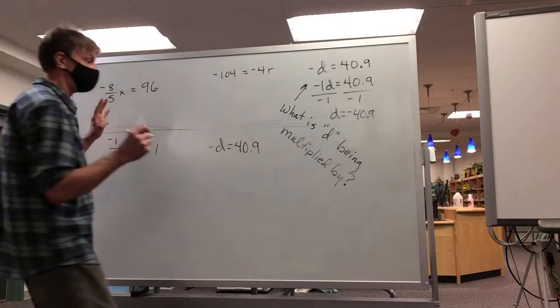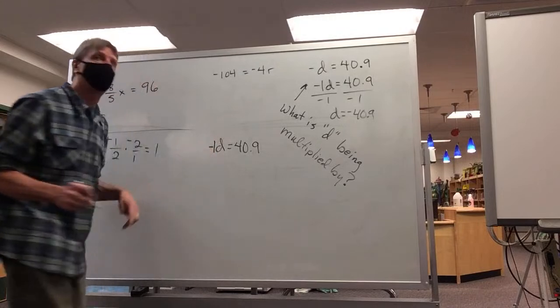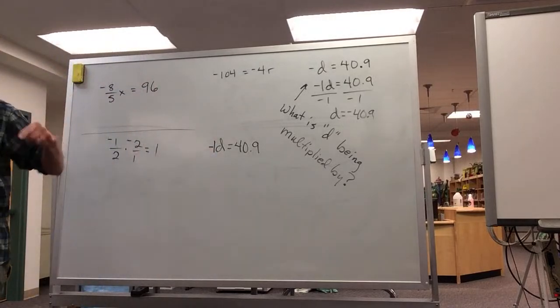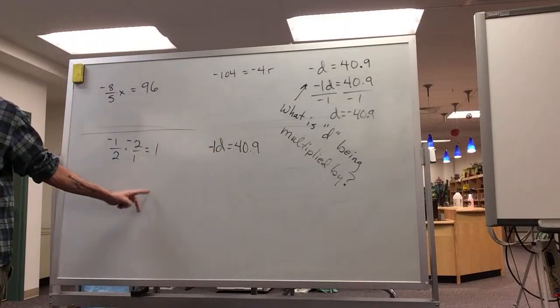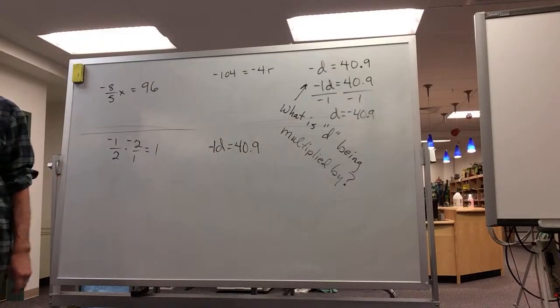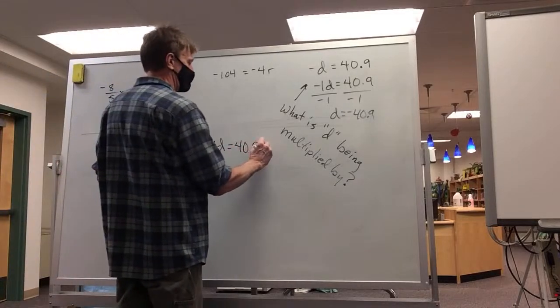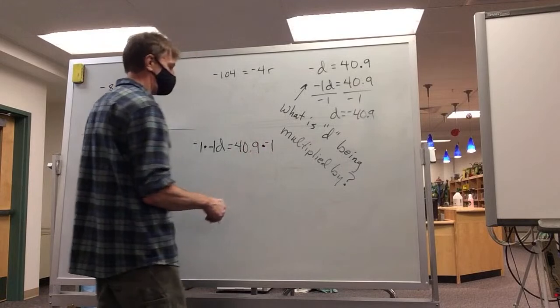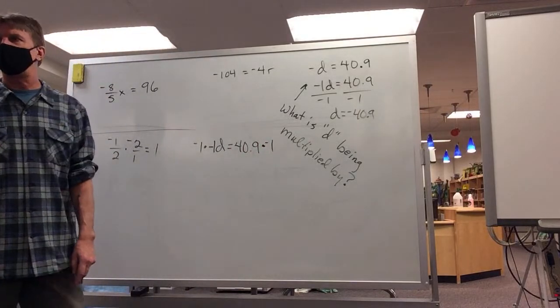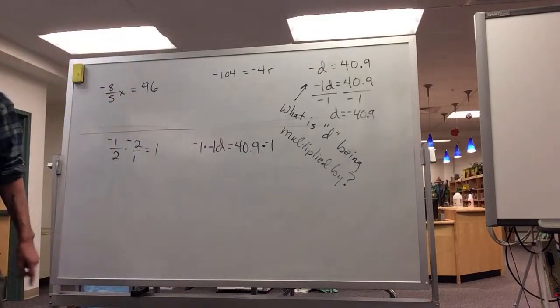So if this is really a -1, what number do you multiply -1 by to equal 1? -1. So if we just take -1 times this, and this times -1, you're multiplying by the reciprocal. In other words, the opposite of both sides.